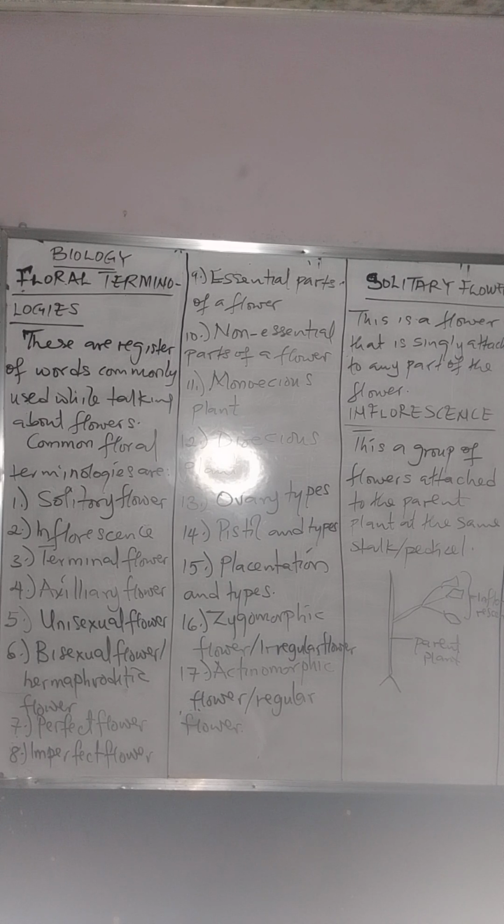What is terminal? The word terminal means the end of a thing, the tip of a thing. So a flower that is located at the tip of the branch or the shoot is a terminal flower.